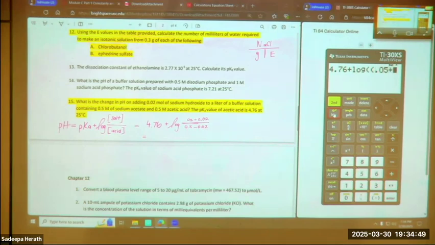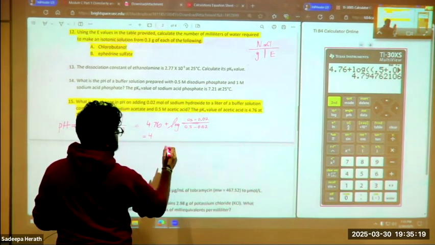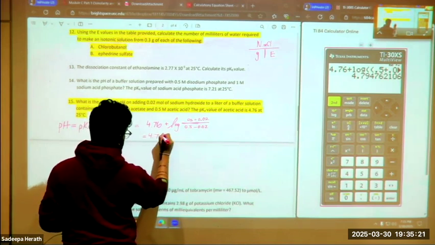So our numerator is 0.5 plus 0.02, over 0.5 minus 0.02. Close that. And so the pH, once that amount of sodium hydroxide is added, is 4.79.